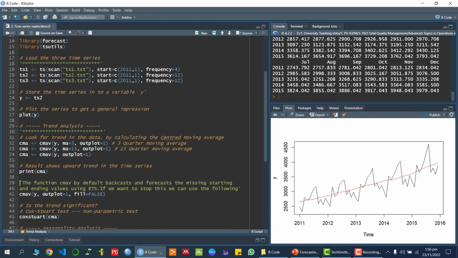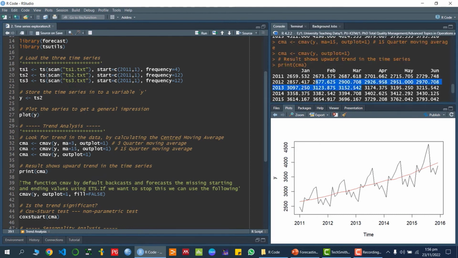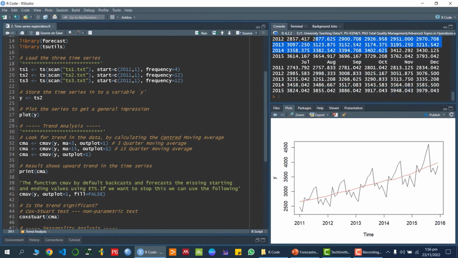Now, it might be possible that your data may have some missing numbers. In this particular data set which I have used, there is no missing number. But if there is any missing number, the beauty of this particular function is that if you mention fill is equal to false, then it is going to calculate the missing number with the help of the exponential smoothing method, okay, in order to fill that missing number.